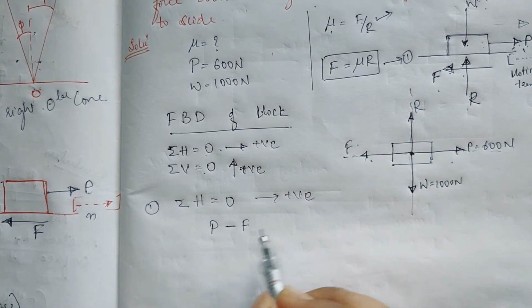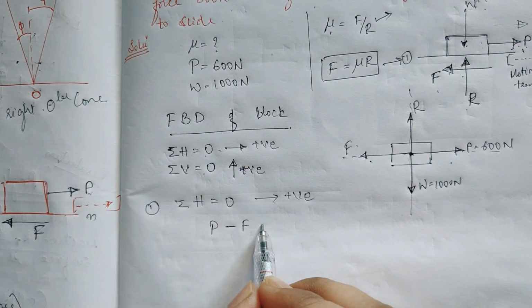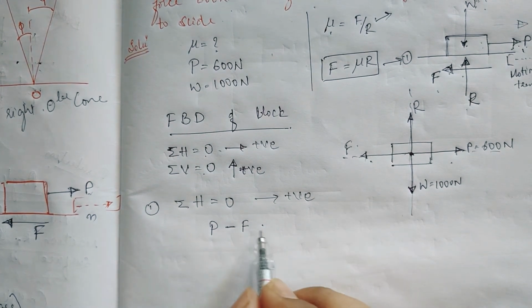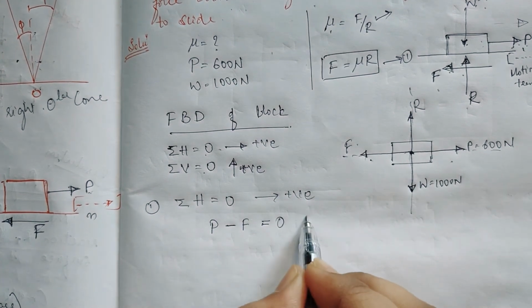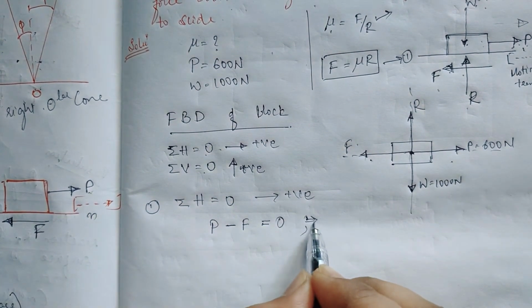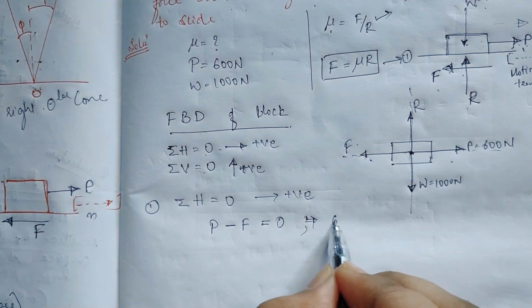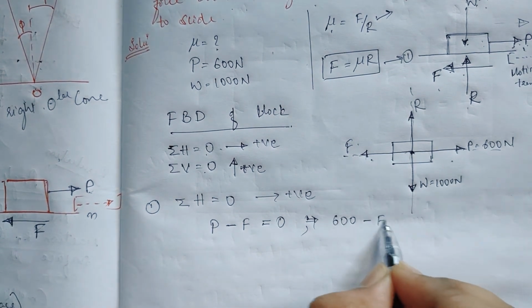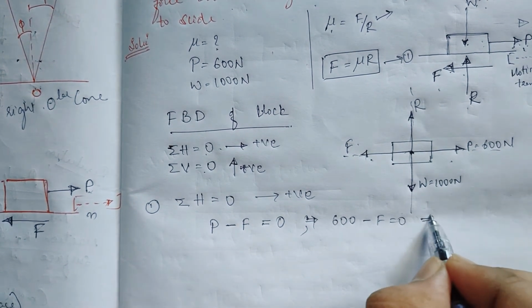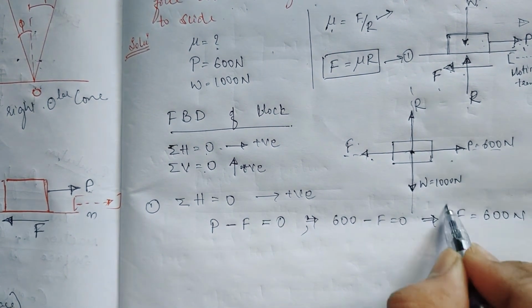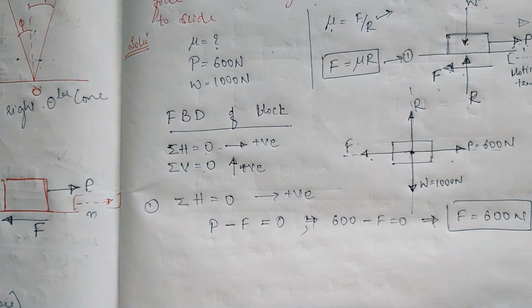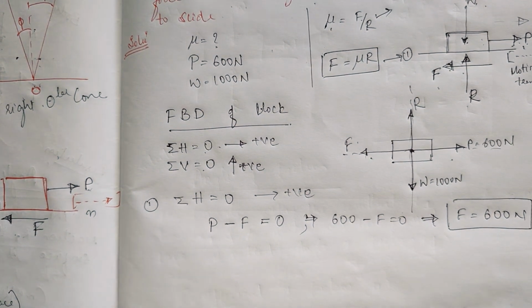P minus F. Then are there any other horizontal forces? No, no forces remain in horizontal, so it is equal to 0, which implies that P is 600. We know 600 minus F is equal to 0. What it implies, that F is equal to 600 Newton, okay. F is equal to 600 Newton.